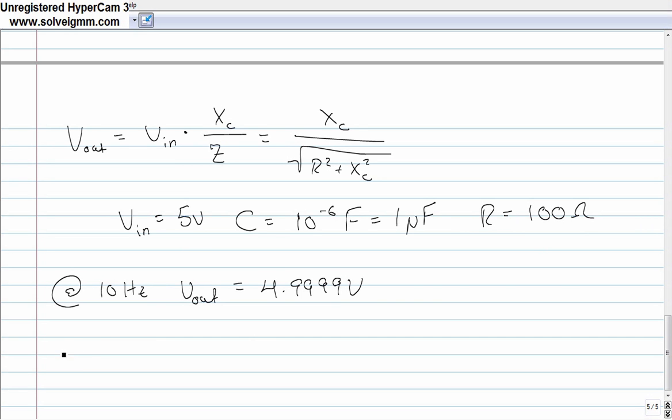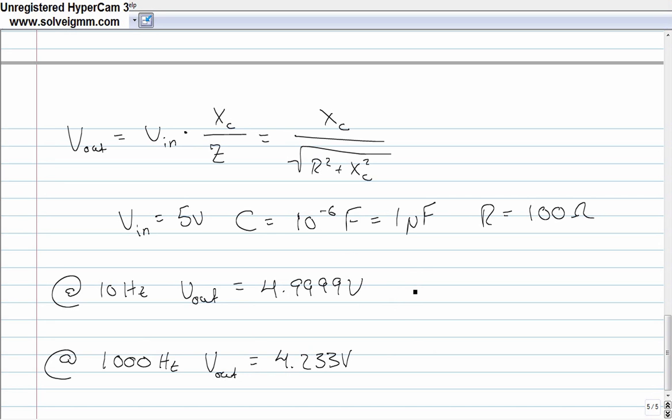So it's pretty close. At 1,000 hertz, Vout is equivalent to 4.233 volts. So it is a change. It's not that dramatic, and we'll talk about why it's not as dramatic in a little while.